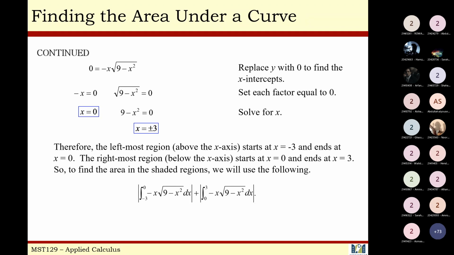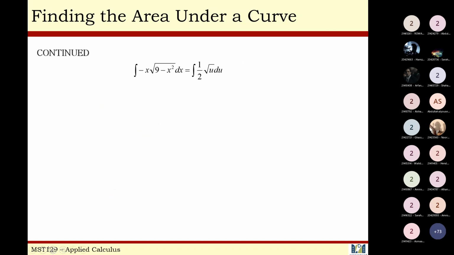So we have area 1 and area 2 as mentioned. Now we need to solve it by substitution. How can we solve it by substitution? Let 9 minus x squared equal u, and du equals minus 2x dx. So dx equals what? du over minus 2x.